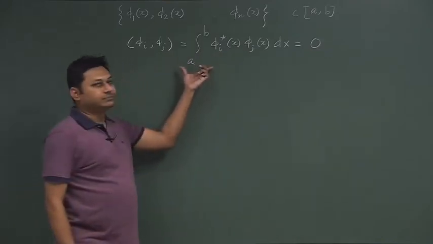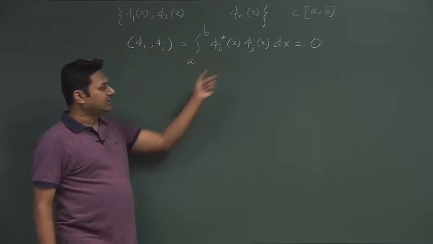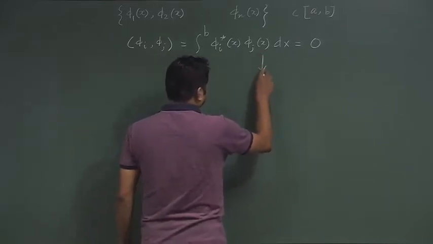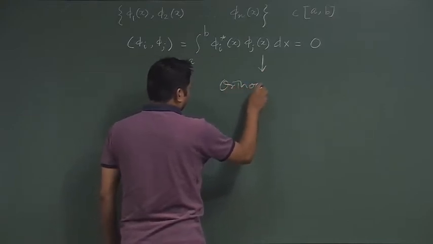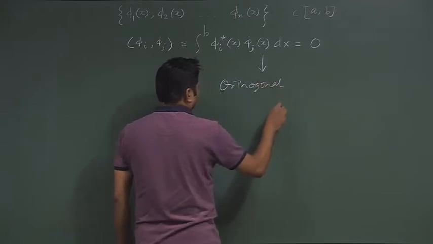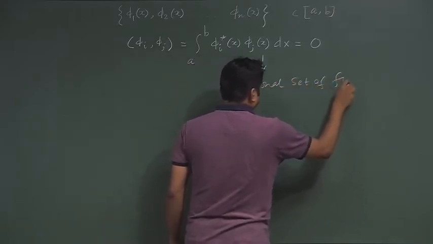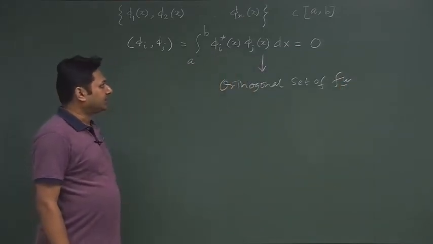If this is 0, this is the inner product of these two functions, the ith and jth function, and this suggests that it is an orthogonal set of functions. They are an orthogonal set of functions.